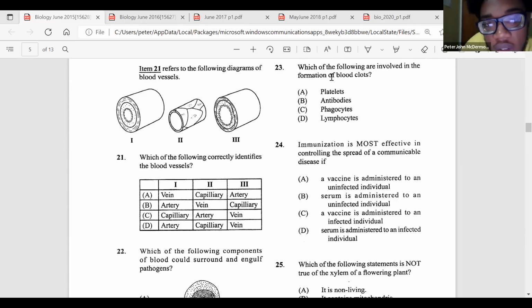Does the pipe need to be thicker or thinner? Because of course it's going to be under high pressure. So does it need to be thicker or thinner? Thicker. So are arteries thicker or thinner than veins? Type it in the chat.